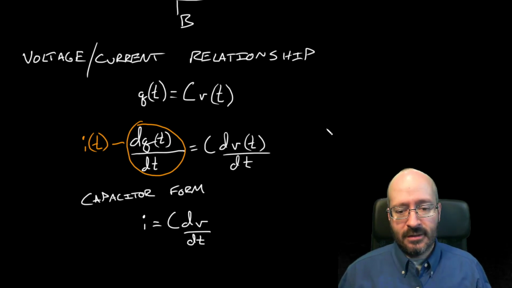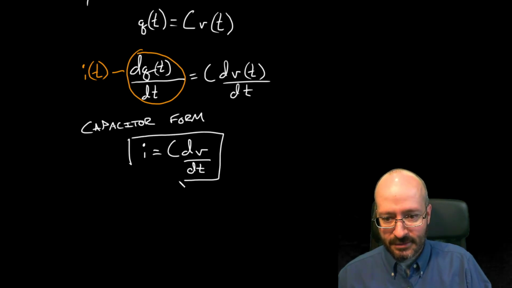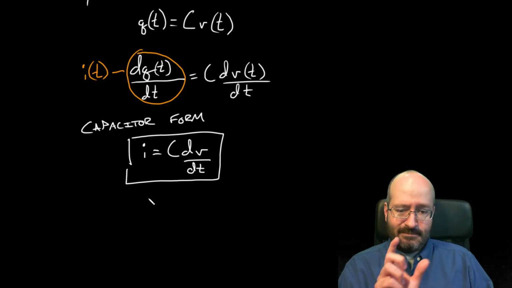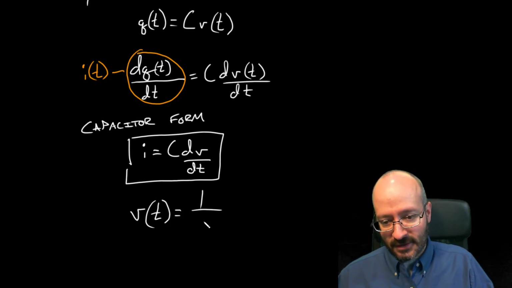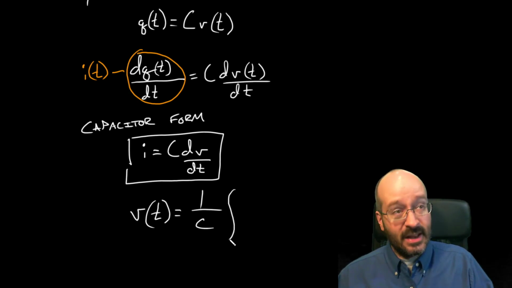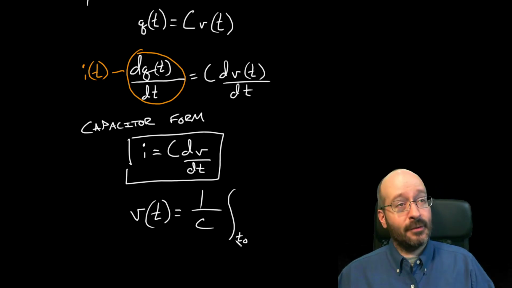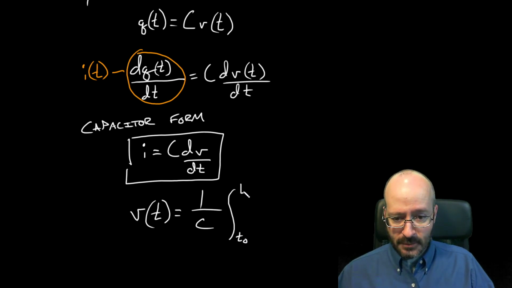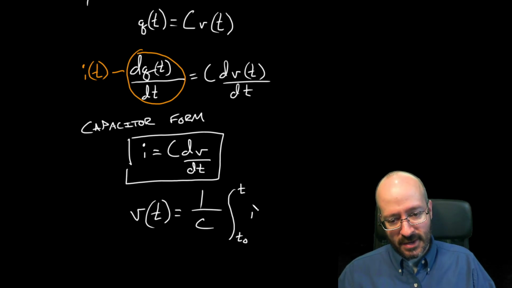Now you can always write that another way. That's one of the payoffs there. We can write that in the integral form if we just solve for v. So we can say the voltage across a capacitor is equal to 1 over C, and now we have to take the integral. We're taking it from t naught, some initial time, to our current time, t, and we're going to integrate the current.